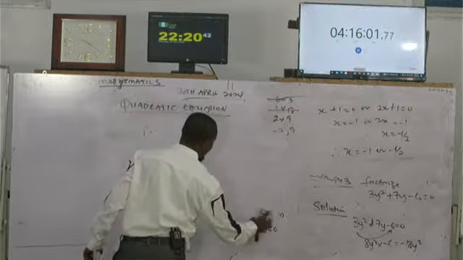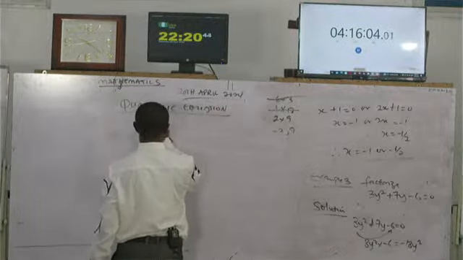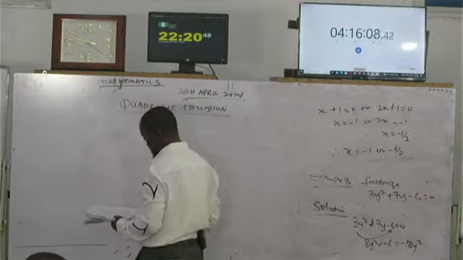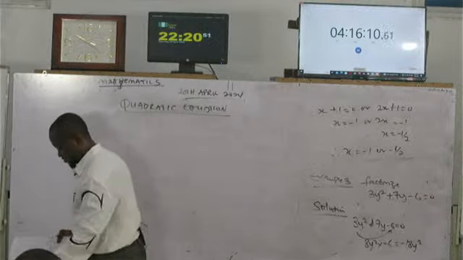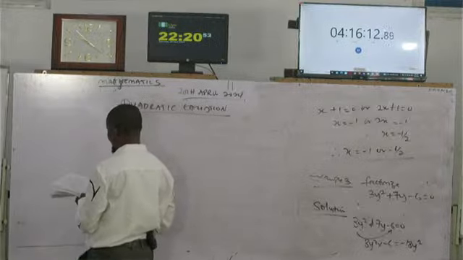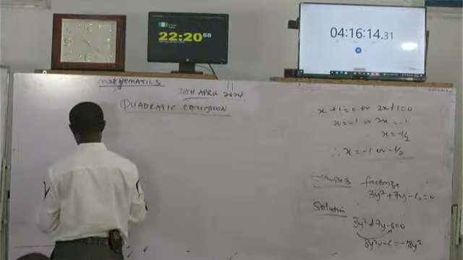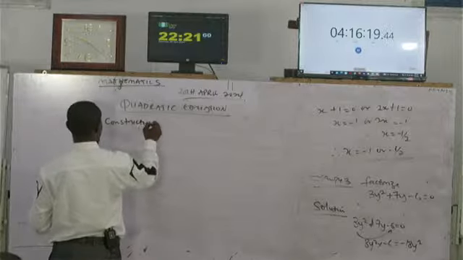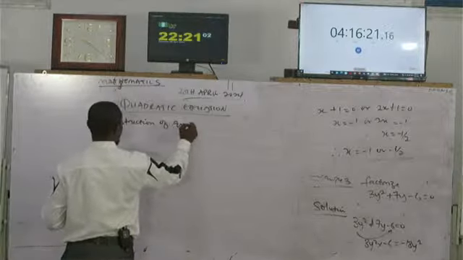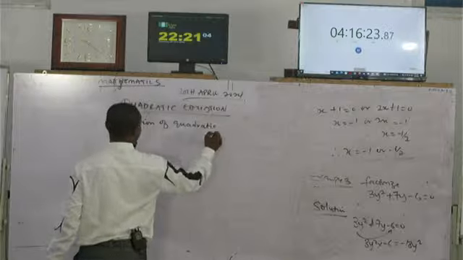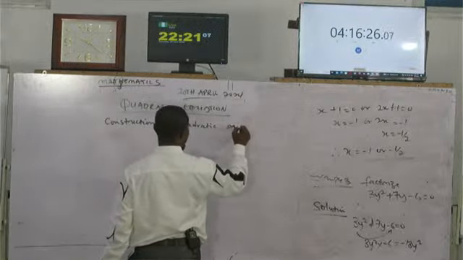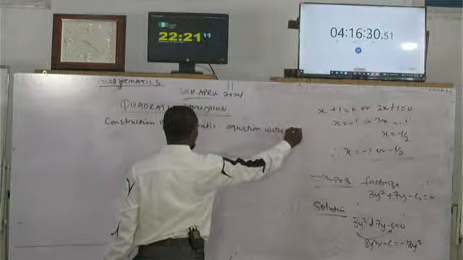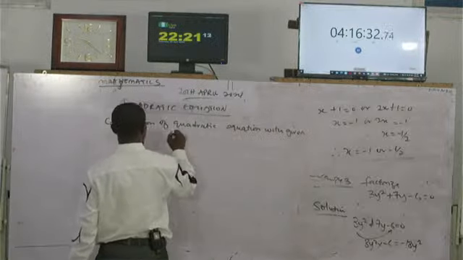They can give you two factors and tell you to find the equation. So this is the construction of a quadratic equation with given roots.